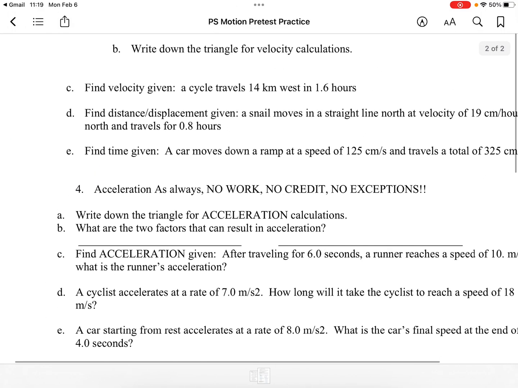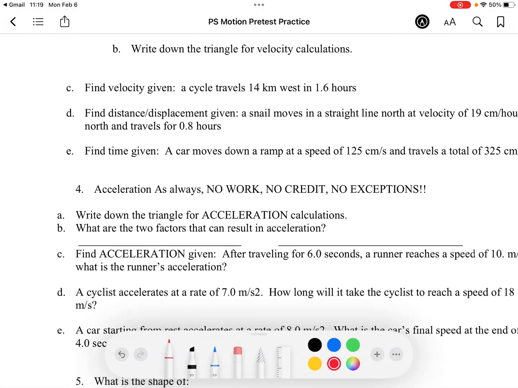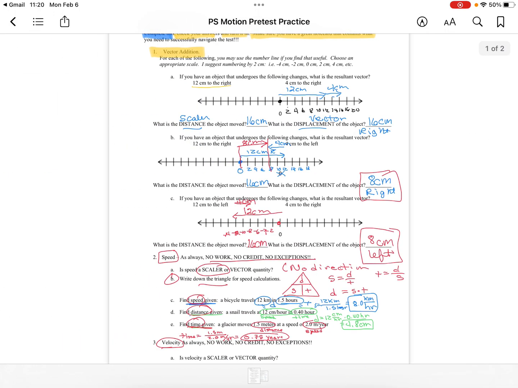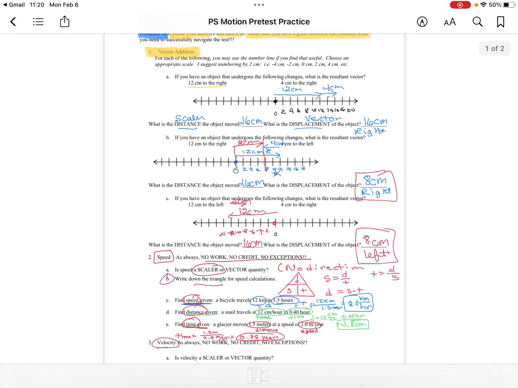Okay, next, velocity. I've got to turn this down, I think, to go to my next page. Where's my next page? There it is. Write down the triangle for velocity. Our triangle for velocity will be velocity equals distance divided by time.